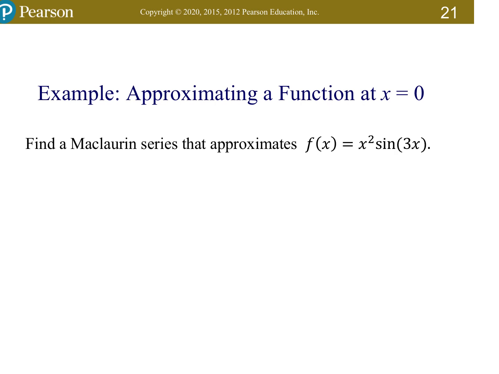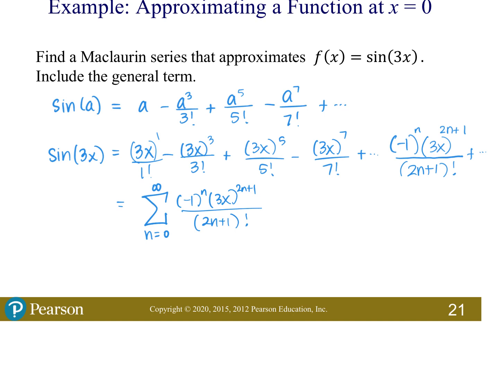All right, well, how do we do it if not only is it sine 3x, but we throw an x squared in the front of it? Well, you've already built sine 3x, so it should be no problem to multiply every term by x squared.